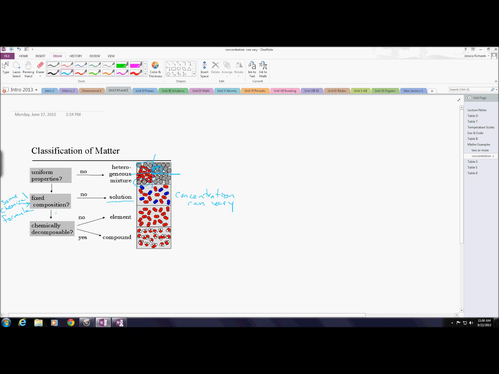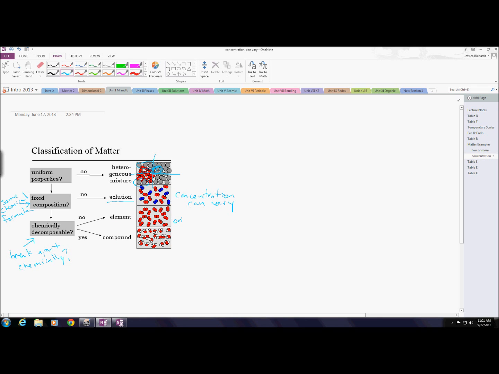If it is the same throughout, if it has the same composition all of the time, then we ask, is it chemically decomposable? That means, can I break it apart chemically? If the answer is no, I can't break it apart chemically, it's an element.